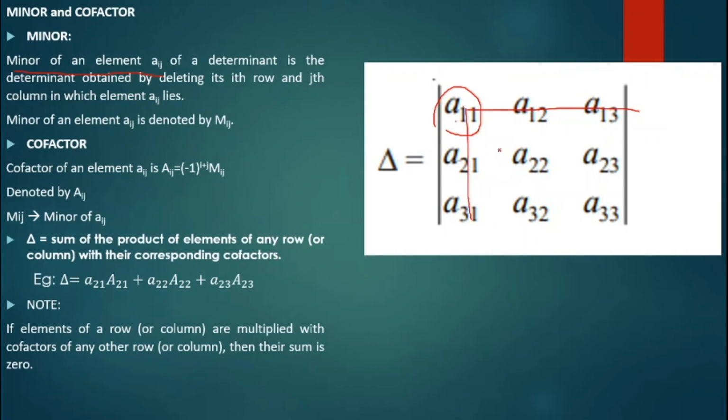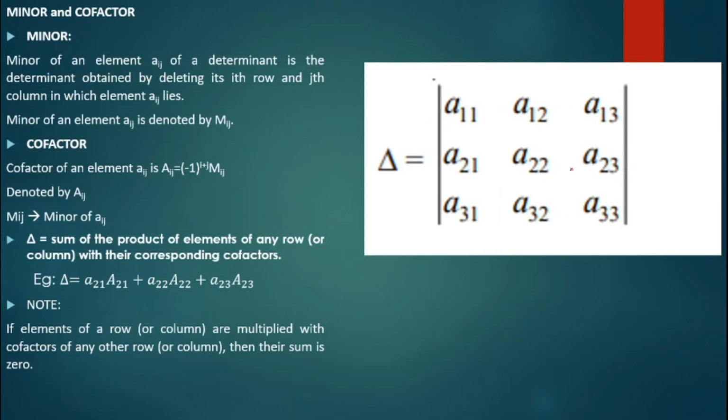Using this we obtain a determinant, that is A22 A33 minus A32 A23. When we apply this on numerical problems, it will be easier.